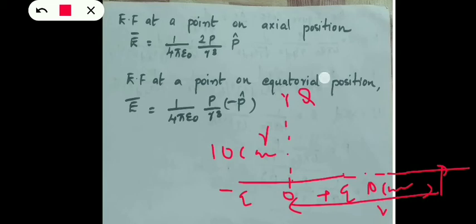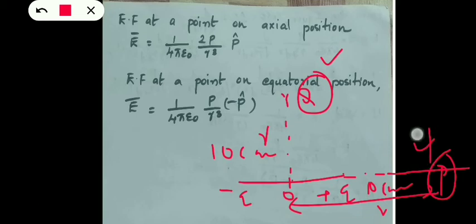So Q will experience an electric field and P will also experience an electric field intensity. Which electric field intensity will be stronger, at the point P or at the point Q? It is the electric field intensity at the point P. Why?